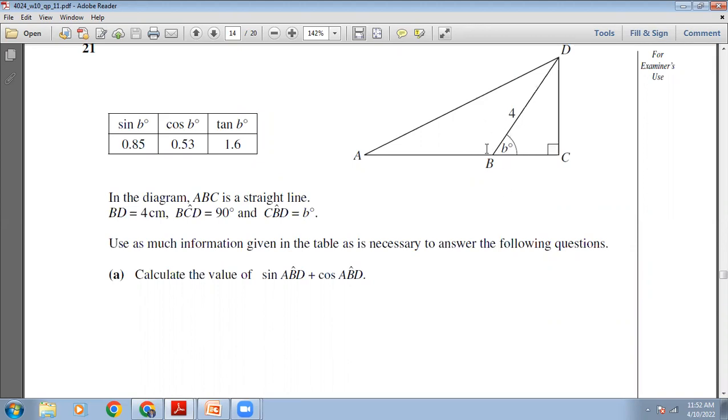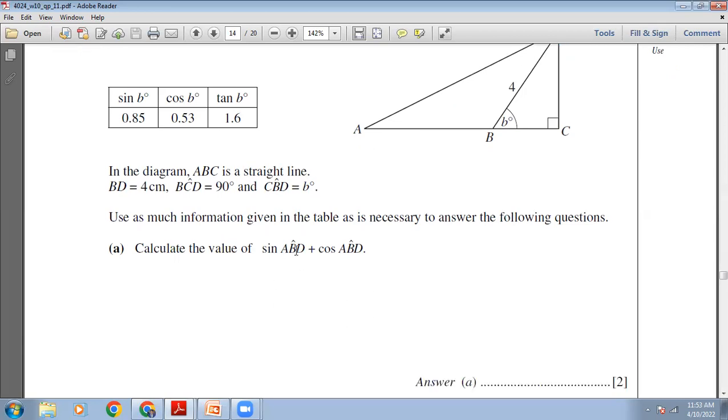In the same way, if they ask you to find the cos of this angle, the cos of this angle will be equal to the cos of this angle, but with a negative sign. These two angles are supplementary to each other, so they will have the same cos value. But this is obtuse angle, so its cos value will have a negative sign.